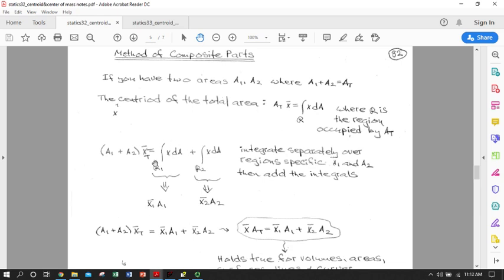So I could say this entire integral is equal to the centroid of just area 1 times the area of area 1, and the same thing with area 2. So another way of saying this is the centroid of the total composite area times the total area is equal to the centroid of one of the parts times the area of that one part plus the centroid of another part times the area of that part.